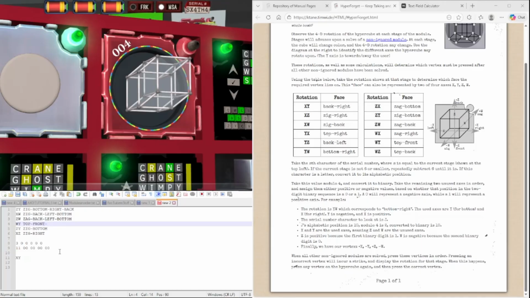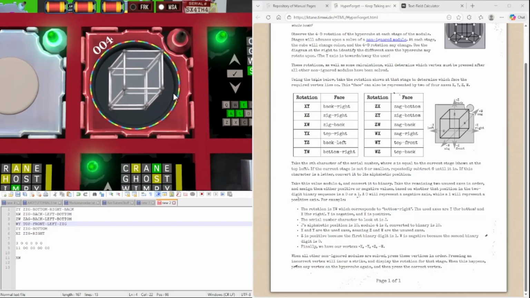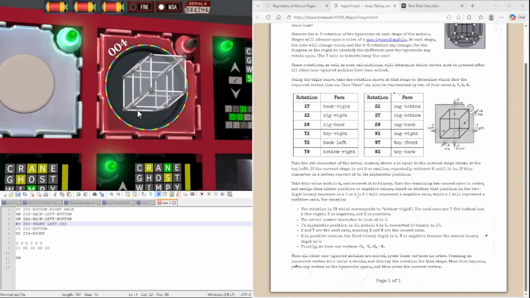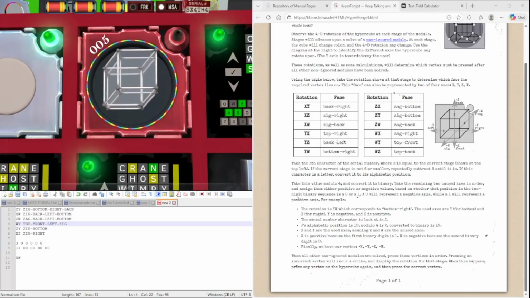Top, front. That's going to be Y and Z. Top and front. So minus x is left, minus w is zig. So top, front, left, zig. Zig bottom, that is w axis, and bottom, which is y axis.